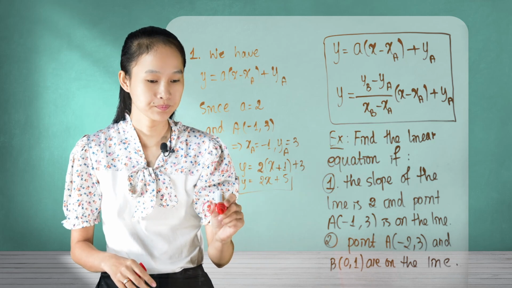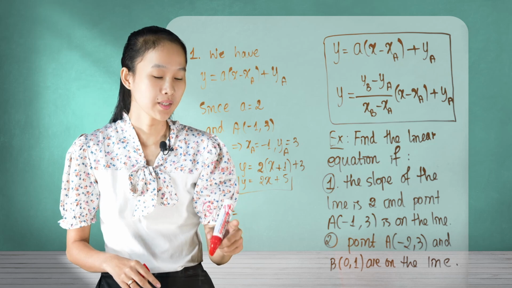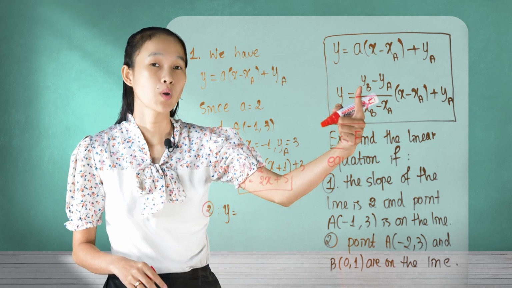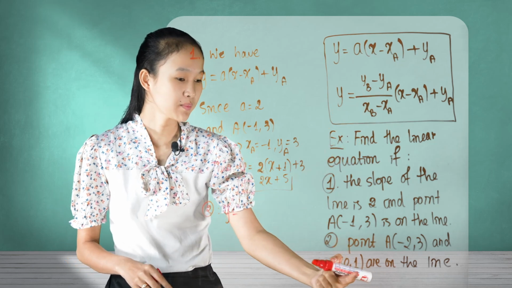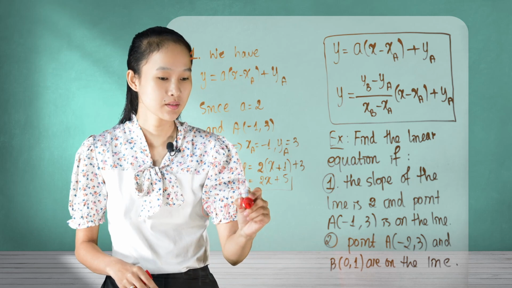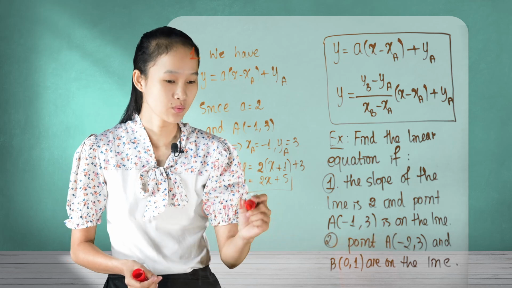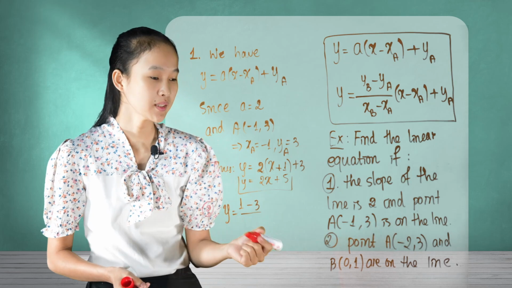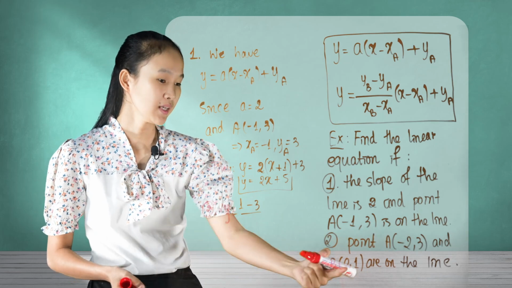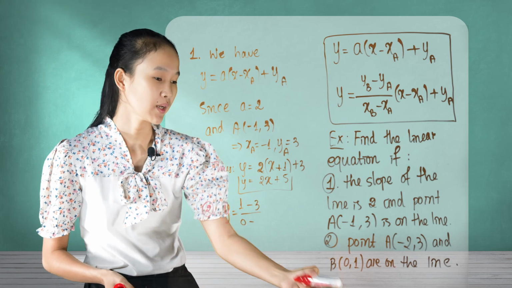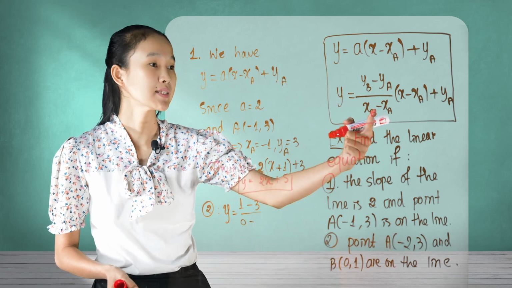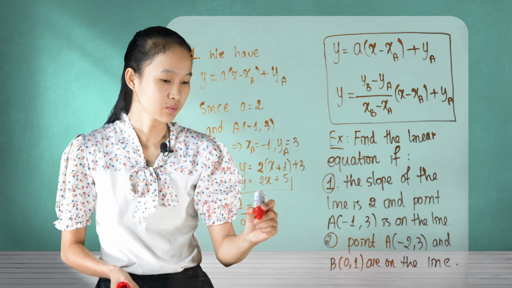You will get y equals yB, which is 1, take away yA, which is 3, divided by xB, which is 0, take away xA, which is -2.